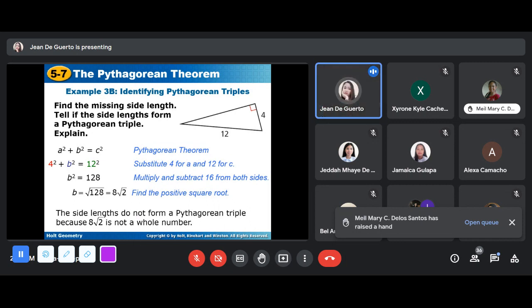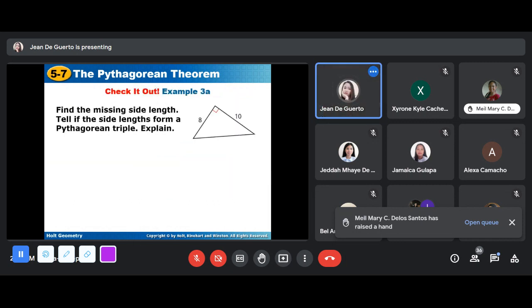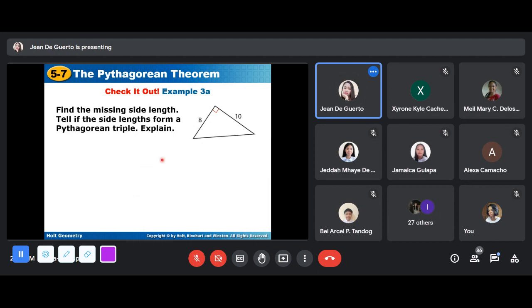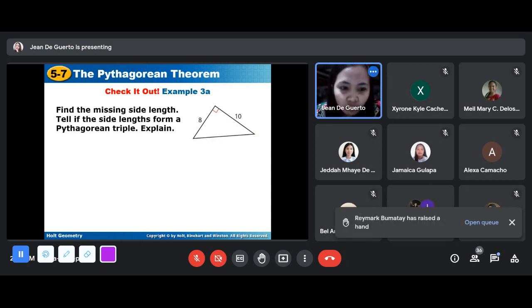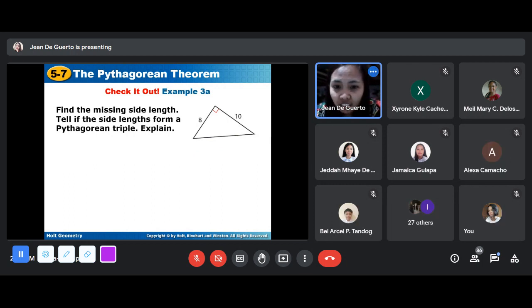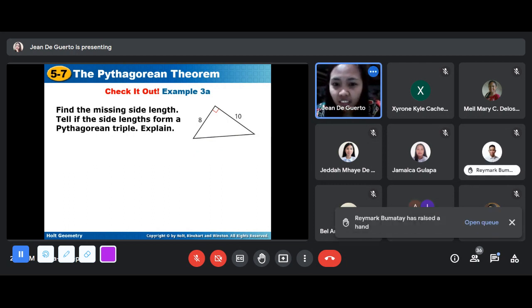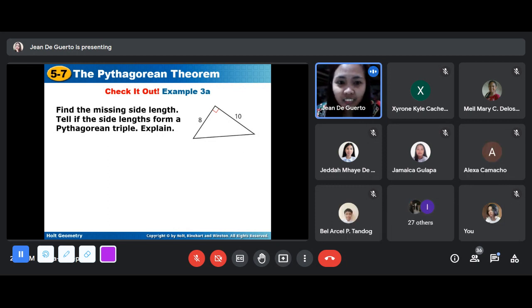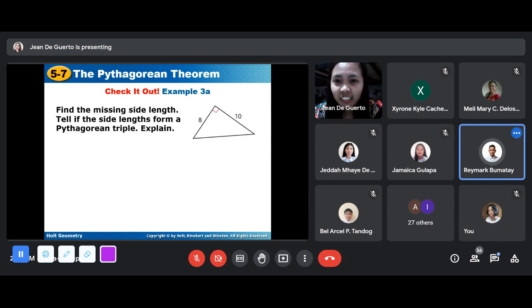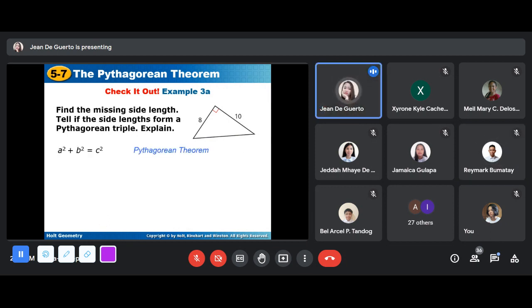Okay. So, another, 8 and 10. Ano yung missing dito? Yes. Raymark? Hypotenuse po, ma'am, or yung variable c po. Yes, yung variable c or yung hypotenuse.